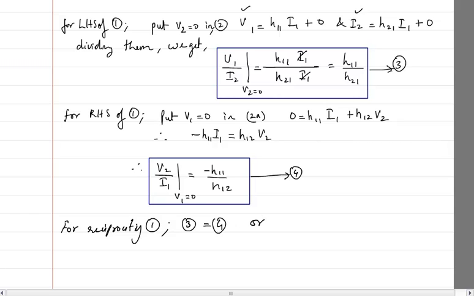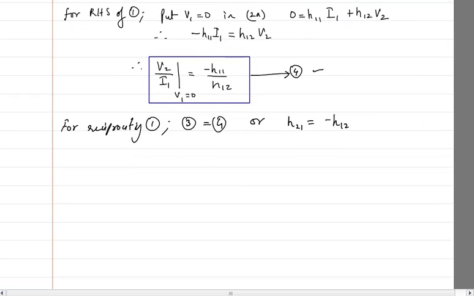Now look: the numerator here is H11, and here it is minus H11, whereas the denominator is H21 and H12. So H21 should be equal to minus H12. It should be the negative of H12.